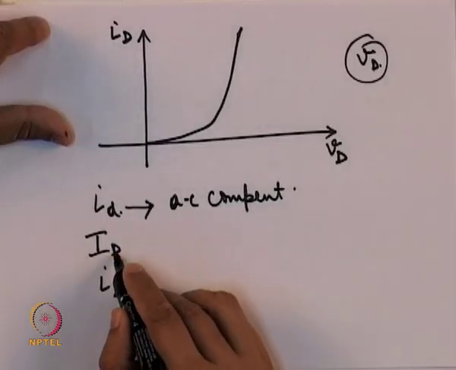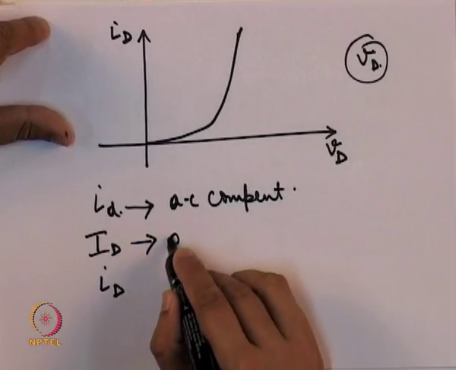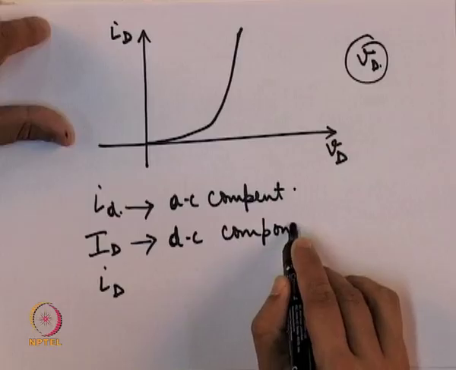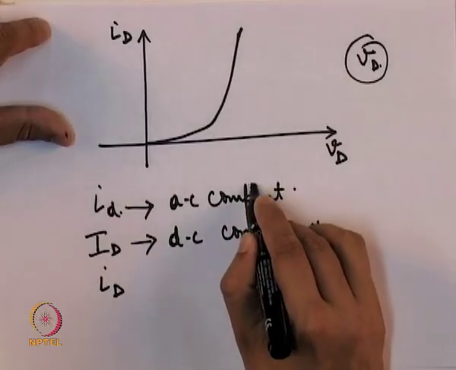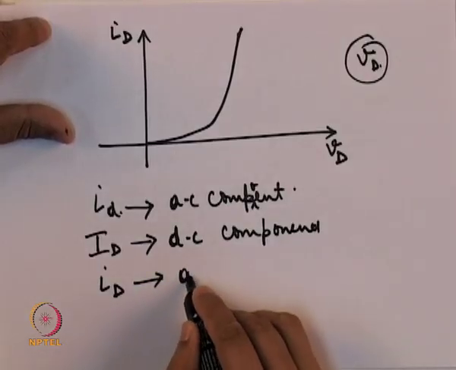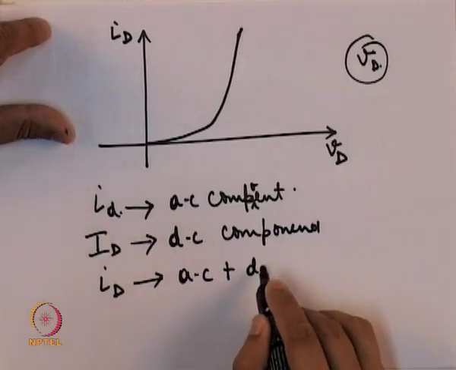With a capital I with a capital D, this represents the DC component, or the non-time varying component. And small i with a capital D represents the AC plus DC. Okay.